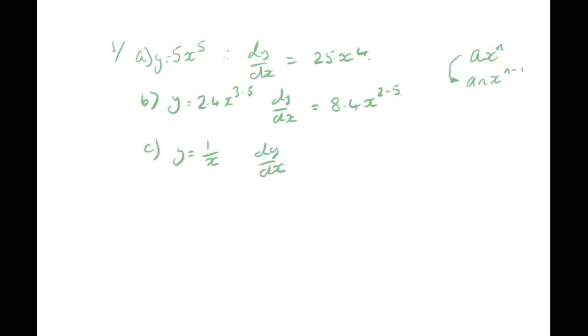We can write it as bring x to the top and make it -1. dy by dx is equal to -1 times x to the -2. So that's equals -x to the -2, or we could write it as -1 over x squared.